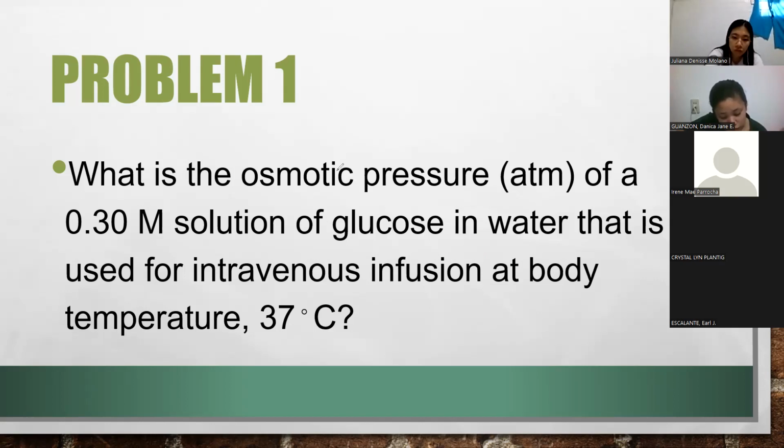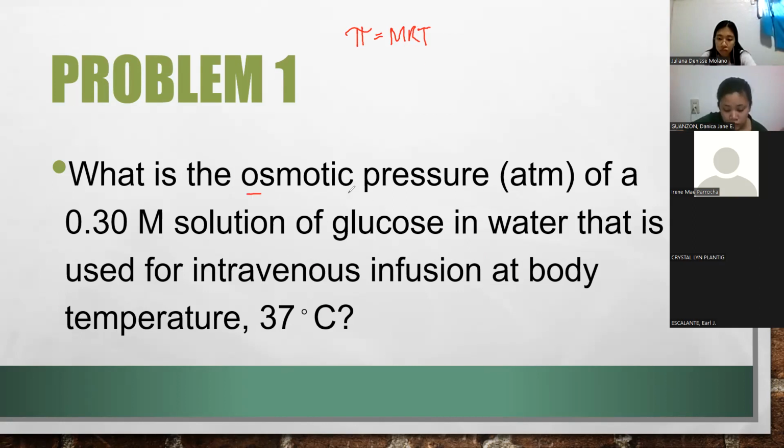So ang ating formula again is pi equals MRT. Pi is the osmotic pressure. M here is the molarity, meaning the concentration of the solution. R is the gas constant, that's 0.08205 liter ATM per mole K. And T is the temperature. It should be in Kelvin.